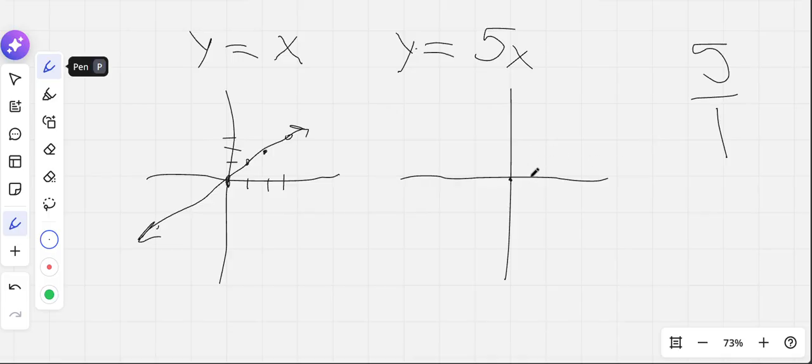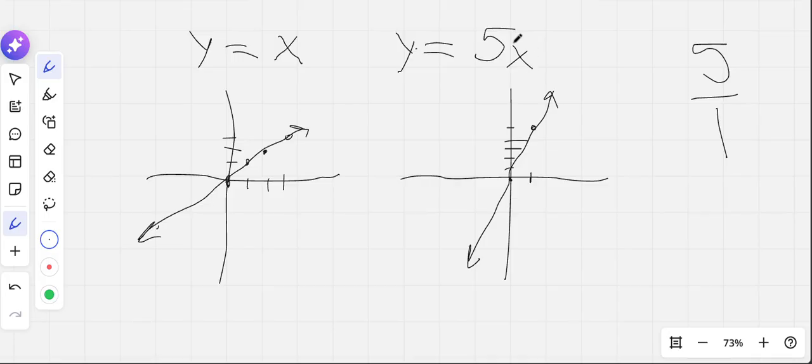So we would run 1, so on the x-axis we go over 1, then we go 1, 2, 3, 4, 5. So the first point would be here. So you can already see how much steeper this line is. So the general line would look something like this, right? So that's just a greater slope compared to a lesser slope.